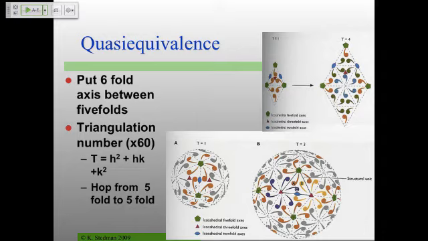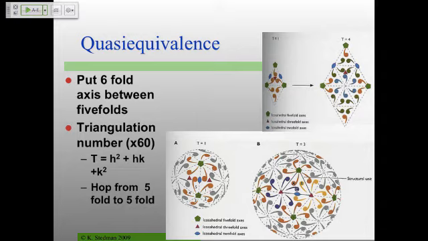And so this is the whole concept of quasiequivalence, where you have exactly the same protein that either 6 of them associate with each other or 5 of them associate with each other. And in that process, you can put together lots and lots of these 6s that associate with each other in very similar ways to the way they did here with just 5s. And so that's your quasiequivalence.